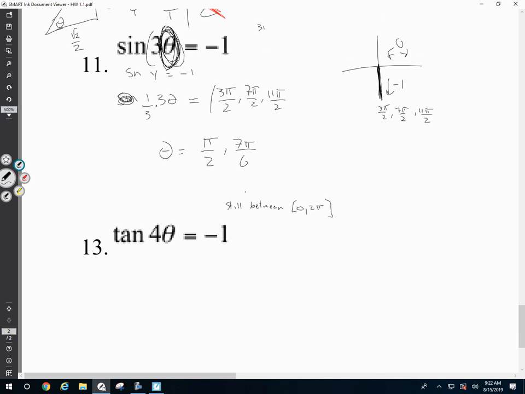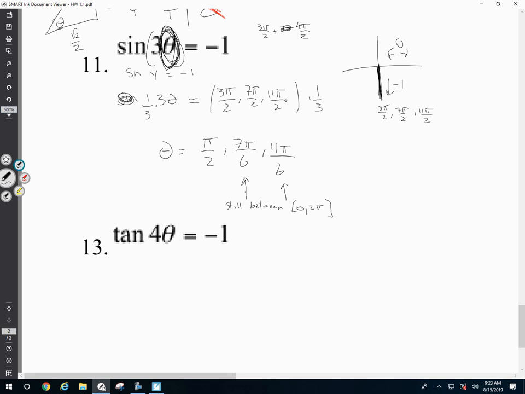So let's see. 3 pi over 2 plus 2 pi. 2 pi is the same as 4 pi over 2. So I just need to add 4 to 3. So 3 pi's plus 4 pi's is 7 pi's. 7 pi's plus 4 pi's will be 11 pi's over 2. If I take that 11 pi over 2 and multiply that by 1/3, I get 11 pi over 6. Oh my goodness, this is also between 0 and 2 pi.